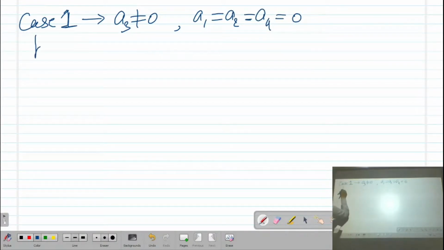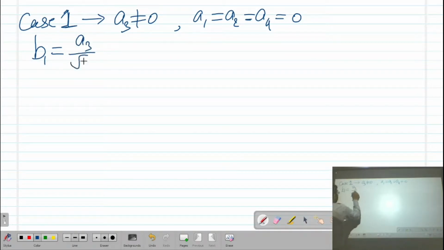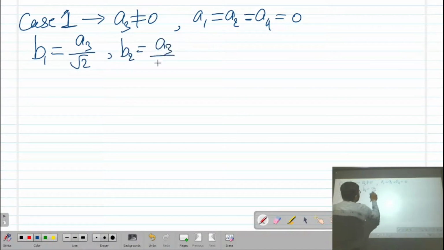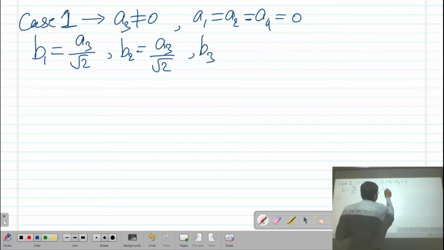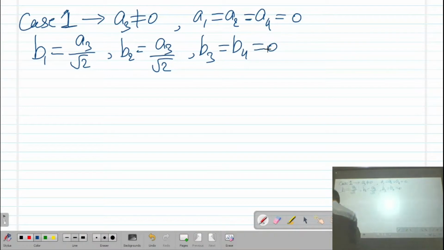Substituting these A1, A2, A3 and A4 values in the B1, B2, B3, B4 formula, we get B1 is equal to A3 divided by root 2, B2 is equal to A3 divided by root 2, and B3 is equal to B4 is equal to 0.